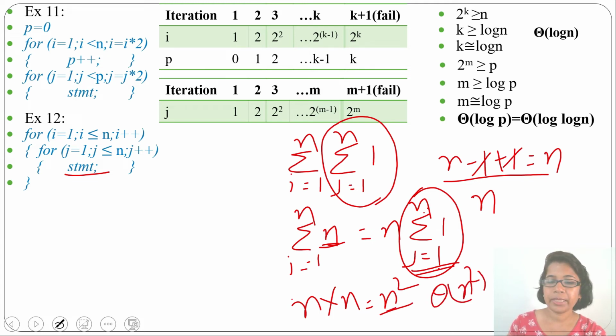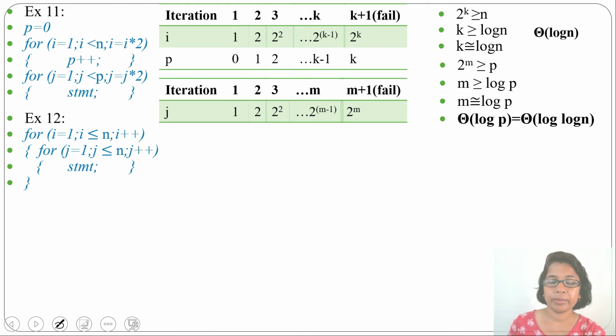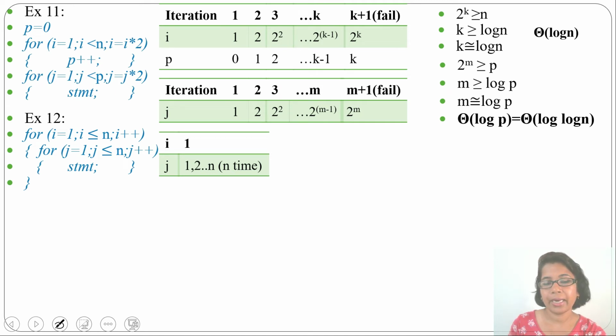When the for loop is incremented by just 1, we can represent it in some expression, and that will be easier than the frequency count method. Let's analyze by using the frequency count method. I'll take two variables, one for i, another for j. When i value is 1, j value can be 1, 2, 3 up to n. So for i equals 1, the second for loop will run n times.